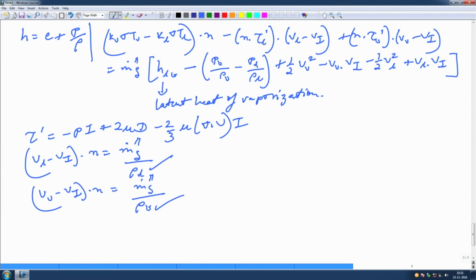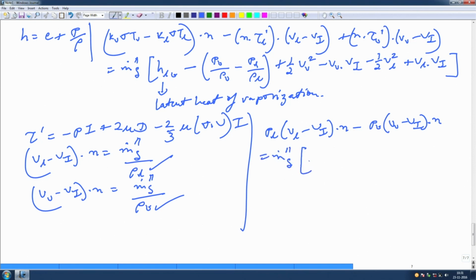Okay. So, combining all these things together, if we write it now, rho L (VL minus VI) dot n minus rho V (VV minus VI) dot n equal to m double dot minus (1/rho V minus 1/rho L).